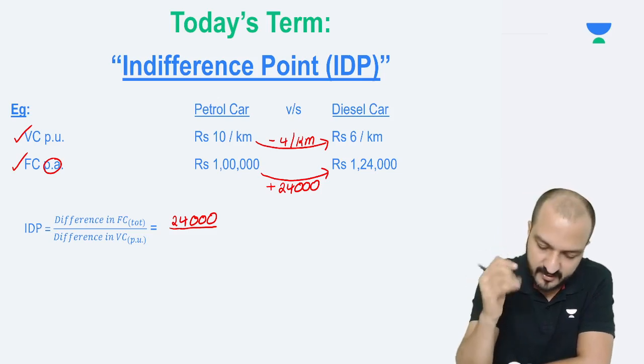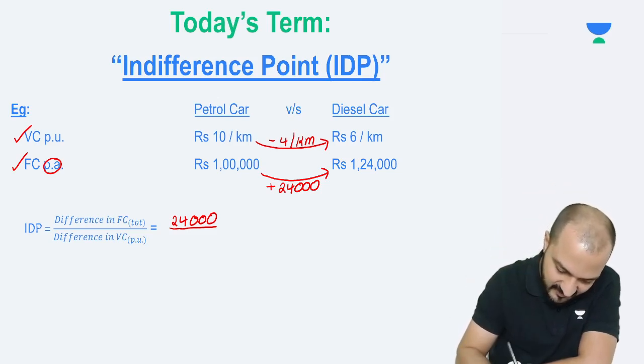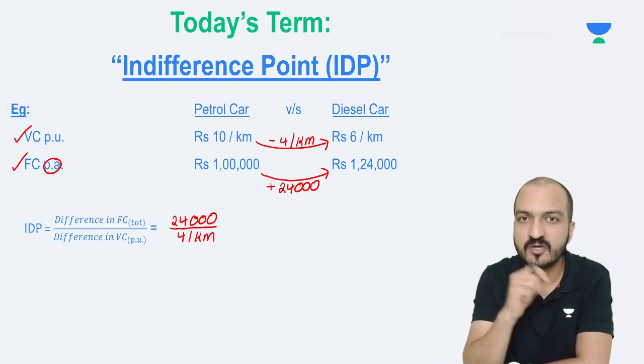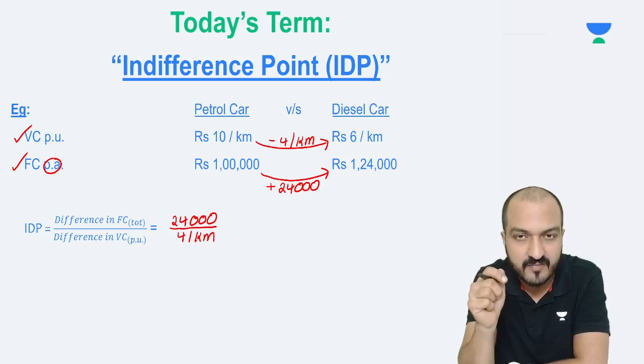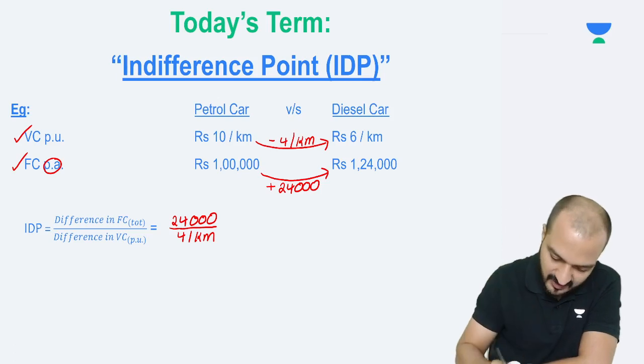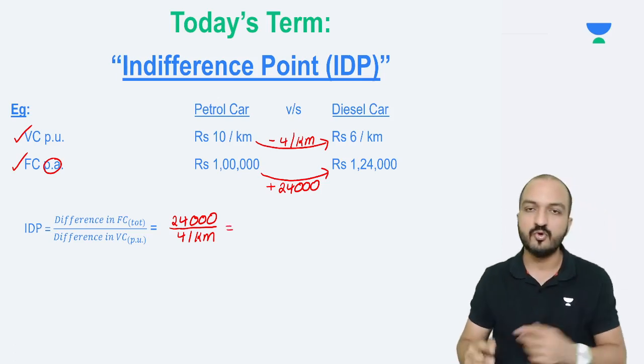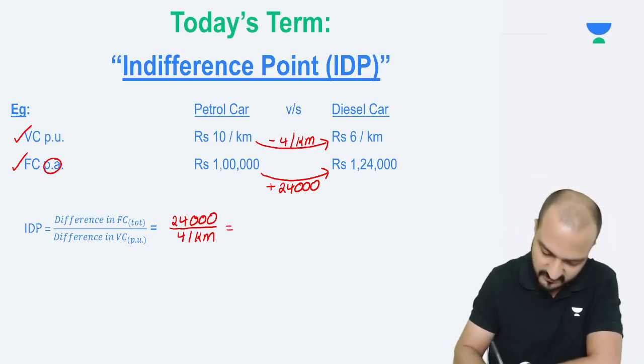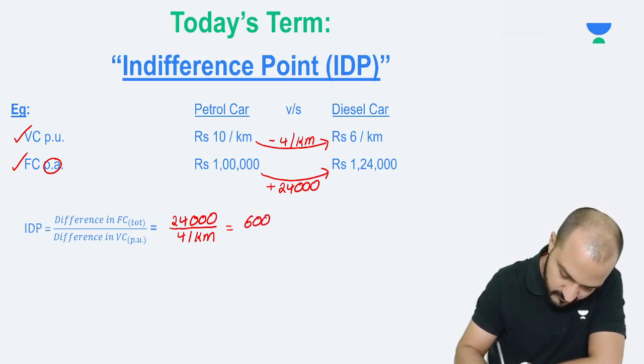So how many kilometers should you run to save the entire 24,000 which you spent extra? 24,000 is the extra money you spend to buy the diesel car, but after buying it you will save 4 rupees per kilometer. So in total, how many kilometers should you run to collect the entire savings of 24,000? You should run 6,000 kilometers.